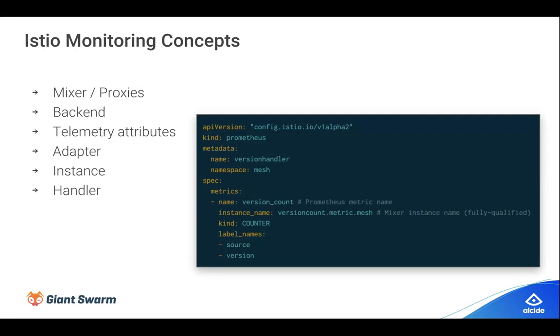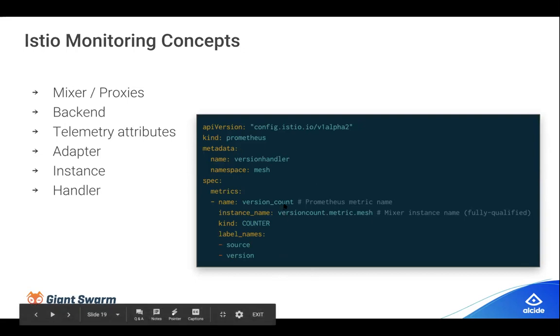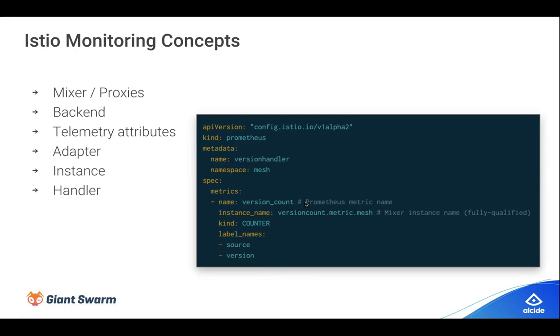And here we are giving the example of Prometheus, and we list the metrics in the spec that we will scrape from the mixer, from the adapter, to be more precise. Then we define here the name of the metric that will be able to be queried by the interface later, the instance name that we have defined before, and what kind of metric it is.